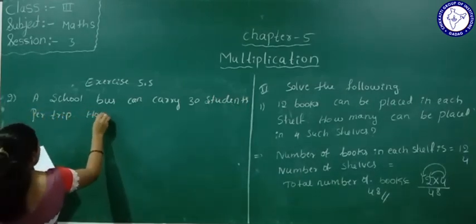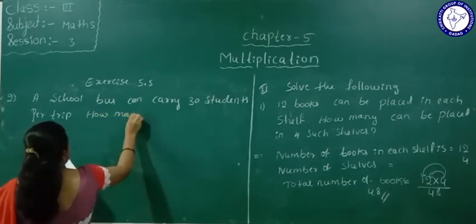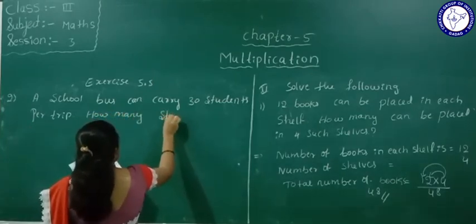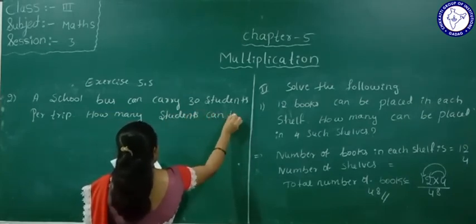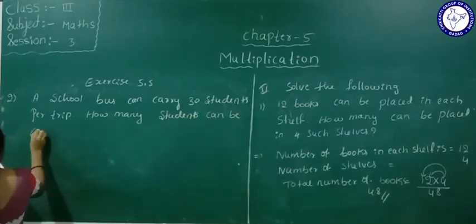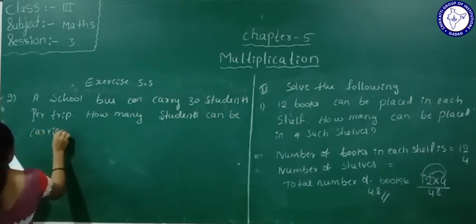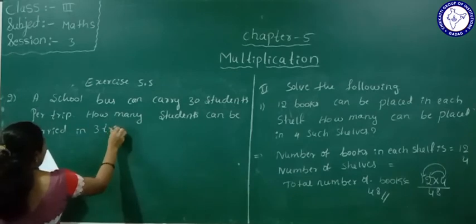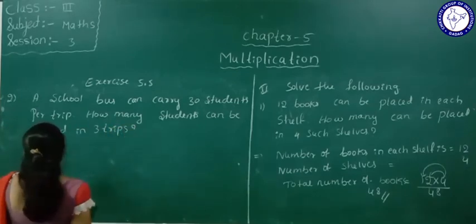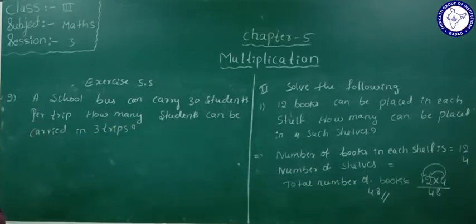How many students can be carried in 3 trips? Yes, see students, a school bus can carry 30 students per trip. How many students are there? 30 students. Like how many students can be carried in 3 trips?